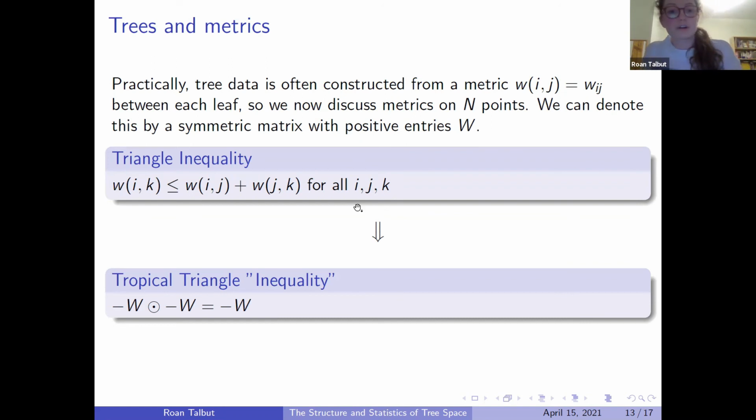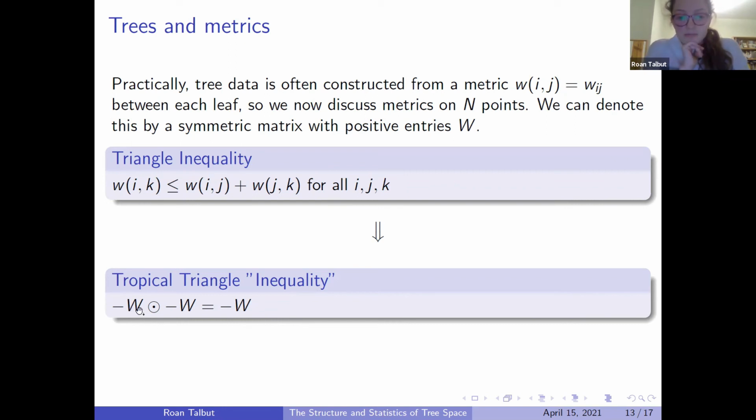Sorry, I forgot to mention, by considering the metric on endpoints, we can also view this as a symmetric matrix with positive entries. So we're doing a matrix multiplication here. And we're having to take the minus signs of our matrices because we want to take the minimum, whereas standard addition is taking the maximum.